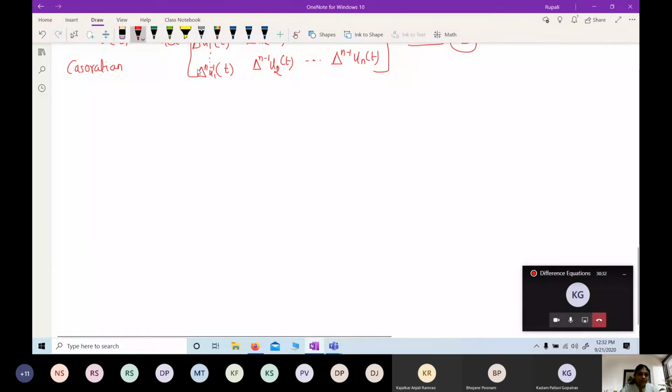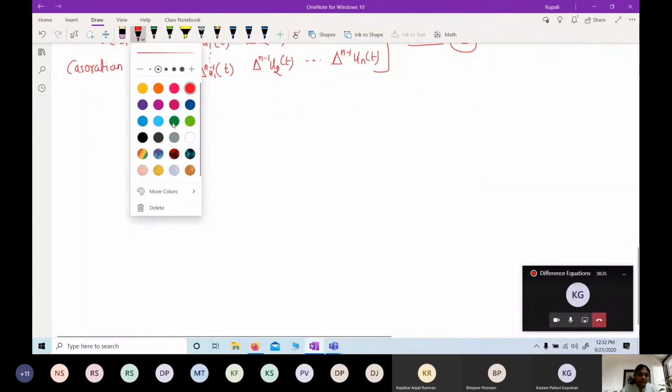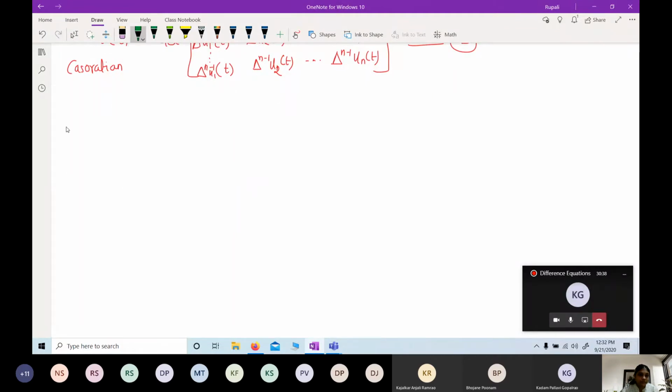Now we'll go to the theorem. Let u1t, u2t, unt be solutions of equation 3.4 dash.